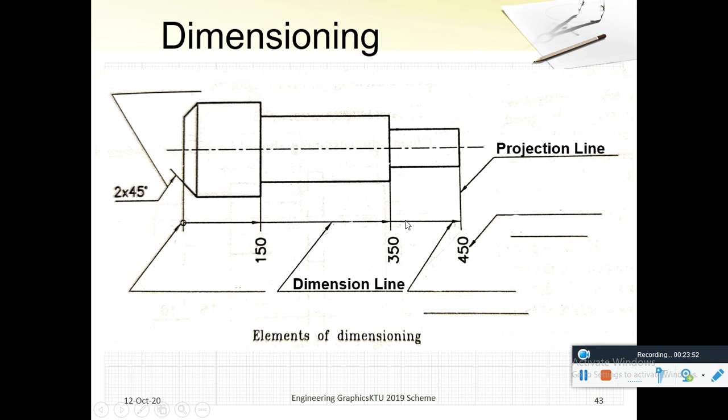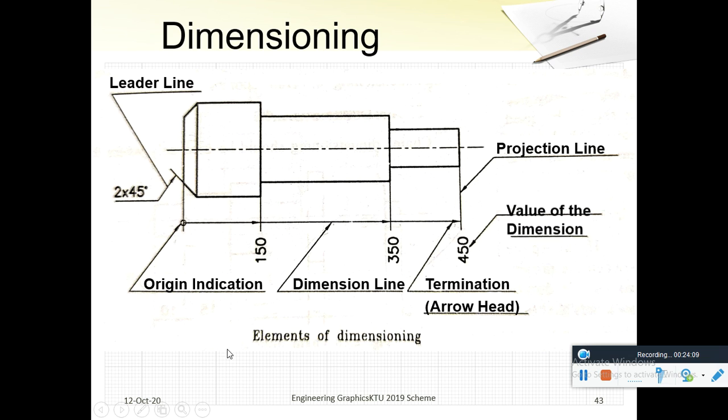This is the dimension line. This is a leader line projected outwards. This is the termination or arrowhead. This is the origin indication, O. And the value will be written here.